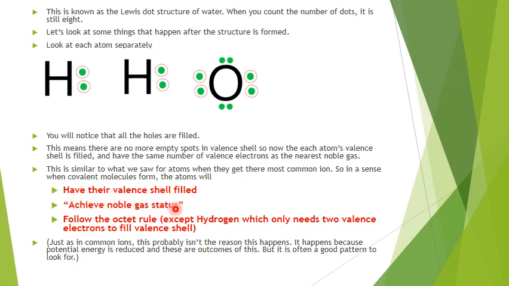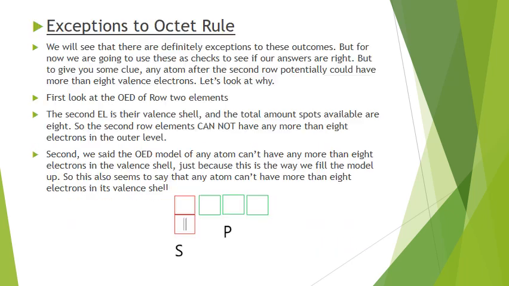It's just that that's the end case. And it has the octet rule, except for hydrogen, which can only have 2 electrons anyway. So as we go through these, for the most part, you'll see that you'll have 8 electrons in the outer shell for most atoms, except for hydrogen. Keep that in mind.